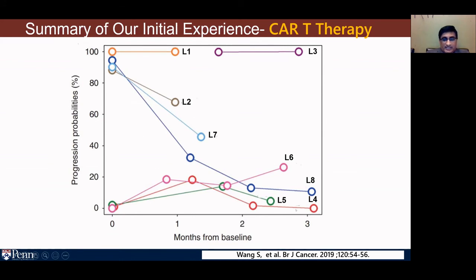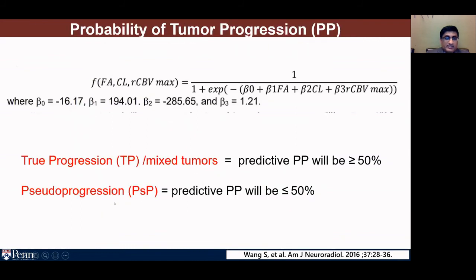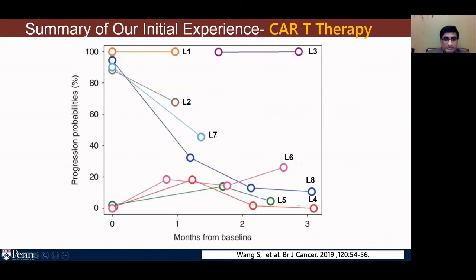As you can see here, these are the lesions: lesion number 4, lesion number 5, lesion number 8, and lesion number 6. To begin with, they have low PP values. As I mentioned earlier, if the PP value is less than 50%, those cases were considered as PSP. If the PP value is more than 50%, those lesions were considered as TP. In these 4 lesions, 6, 8, 4, and 5, to begin with, the PP value is close to 0, so they were considered as PSP. As the treatment progresses, they slightly increase in the PP values, but they're all less than 50%.